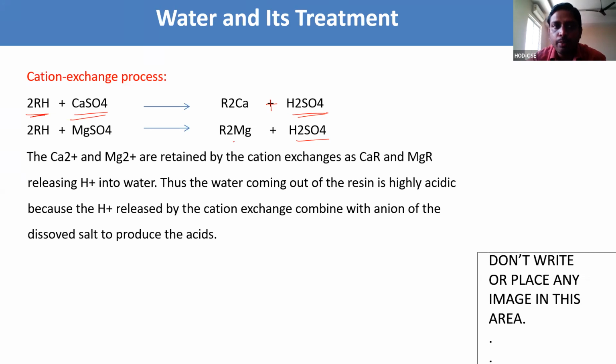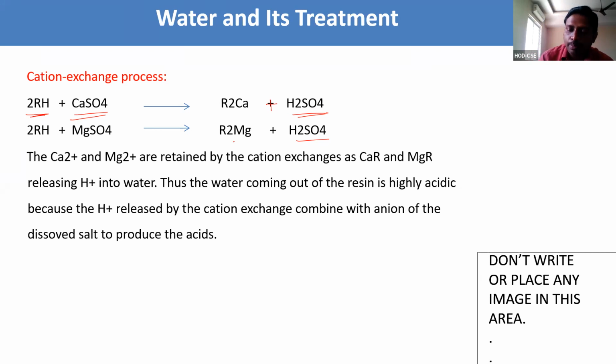RH, which is the resin, reacts with MgSO4, magnesium sulfate, to form R2Mg plus H2SO4 acid. The calcium and magnesium ions are retained by the cation exchanger as CaR or MgR, and this releases H+ ions into the water.